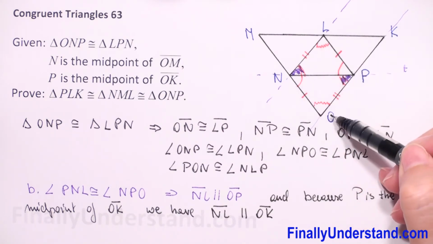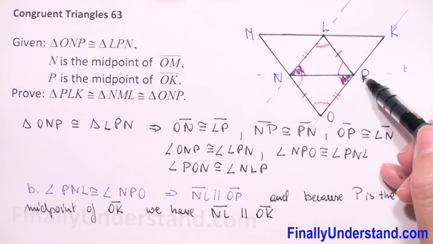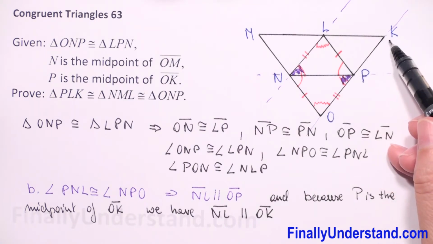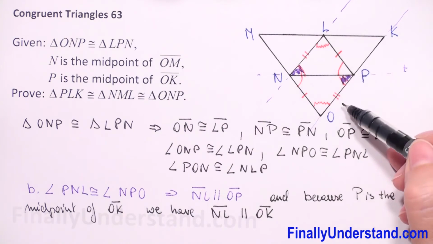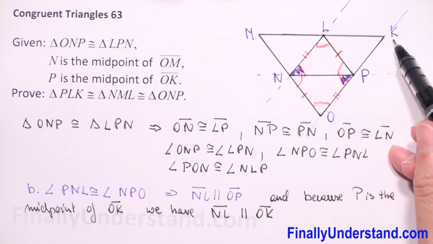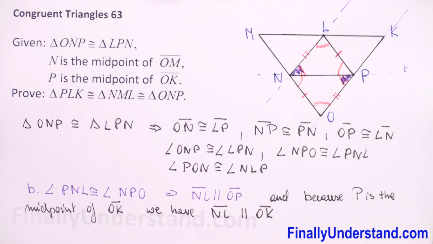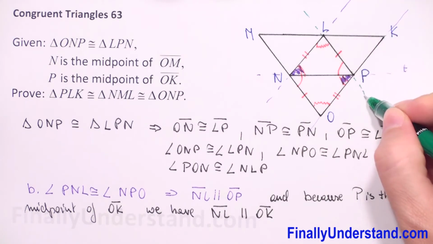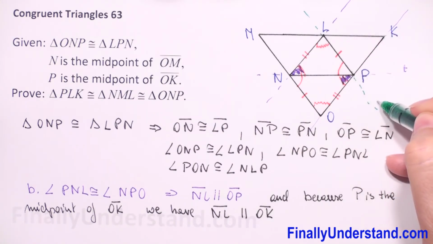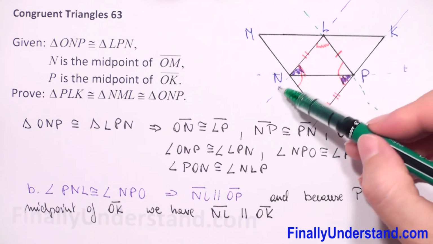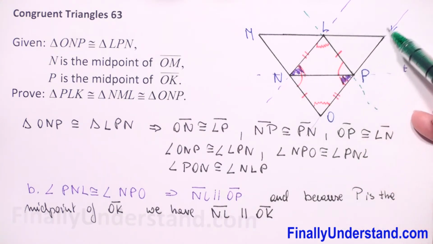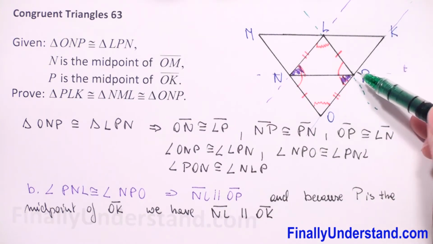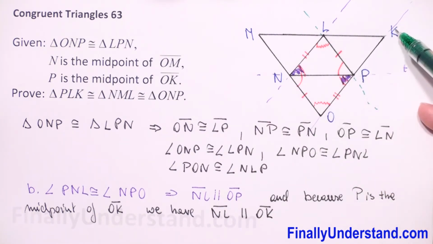NL was parallel to OP, but because P is the midpoint of OK, it means that NL is parallel to OK segment. Next, if you look at our diagram, if we extend LP, LP will be a transversal now to these two parallel lines, because we just showed that NL and OK are parallel.